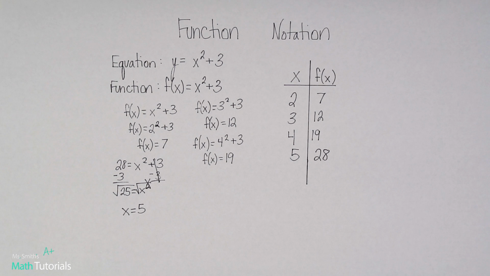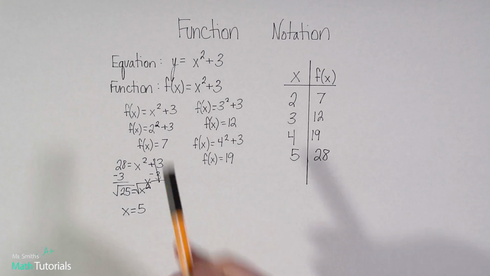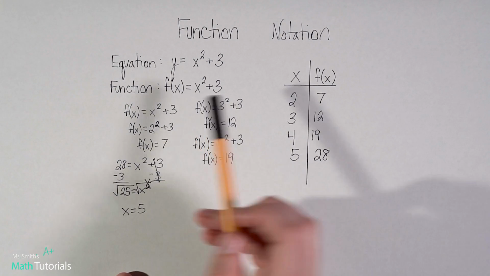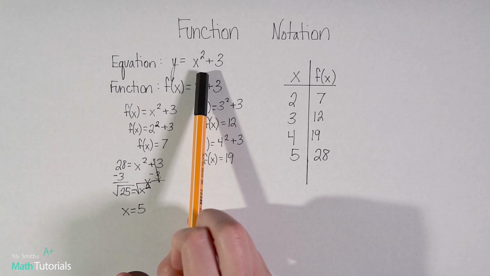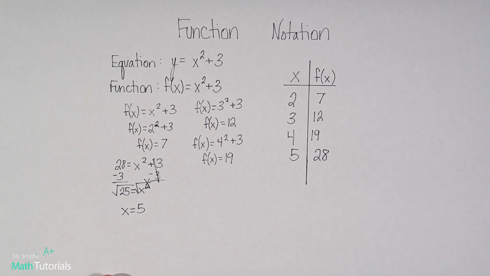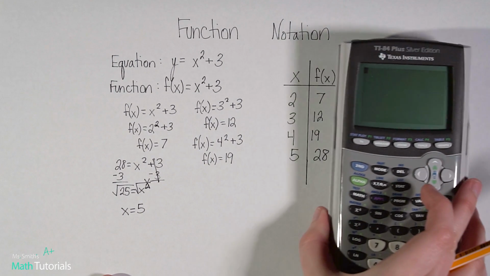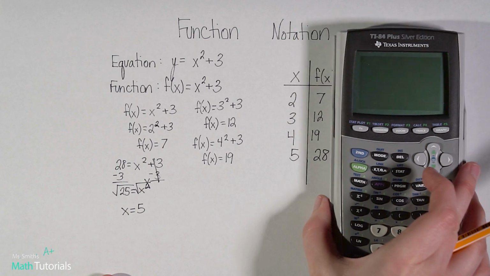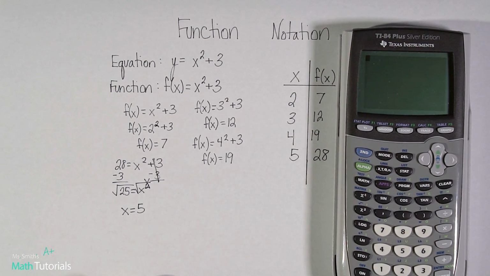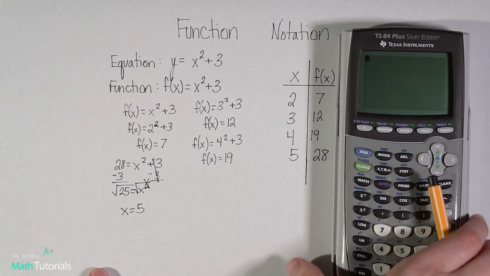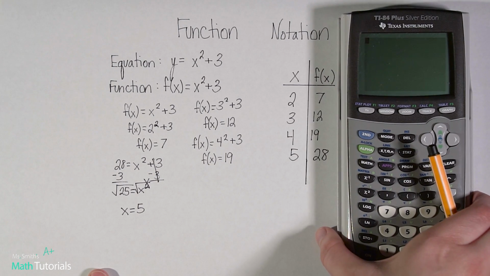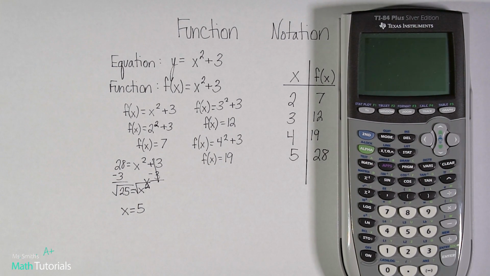One more thing I do want to show you guys. This is going to save you a lot of time. You'll notice that all of these equations, because they're f of x equals, or if you want to think of it as y equals, are perfectly set up to put in the calculator. So I'm going to show you how to do that just to save you some time.